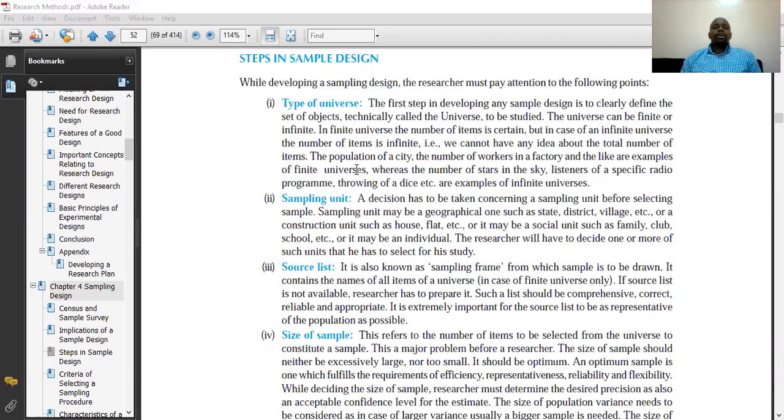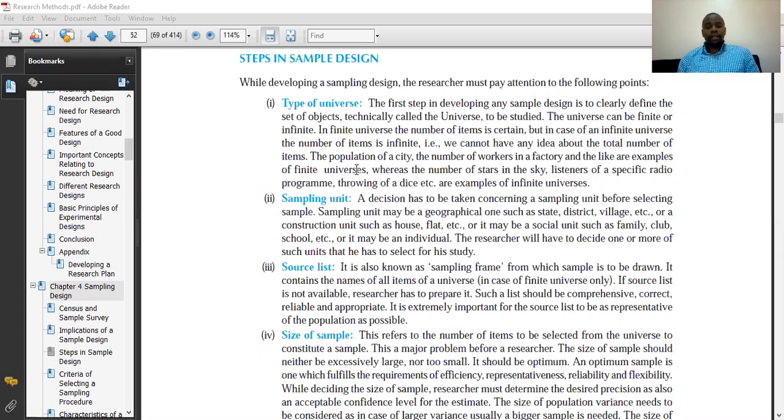For instance, if you are doing research on the spread and impact of HIV and AIDS in colleges and campuses in Kenya, colleges and campuses in Kenya is the universe, okay? But if you want to do your case study from one particular campus, because you cannot do research on all of them. How many campuses do we have in Kenya?